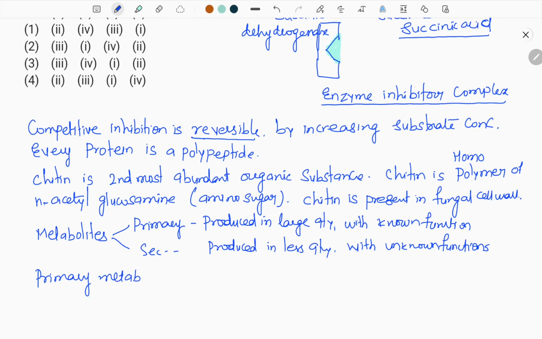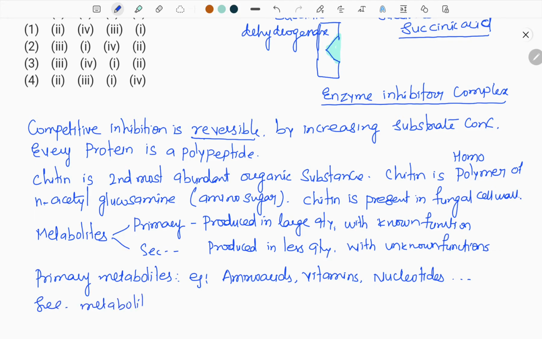So for primary metabolites, we can give examples like amino acids, vitamins, nucleotides, etc. For secondary metabolites, we can give examples like toxins, alkaloids, polymers, terpenoids, etc.